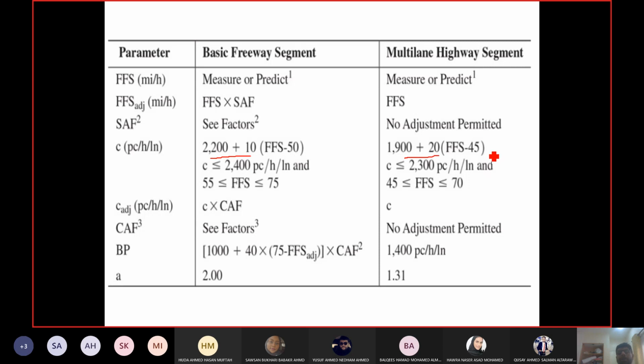So for example, you are doing it for a freeway and the equation gives you a value of 2500. Cancel that value, take 2400, because for freeway it is 2400. Same thing for multi-lane highways. If the value from the equation is less than 2400, we will use the value from the equation.